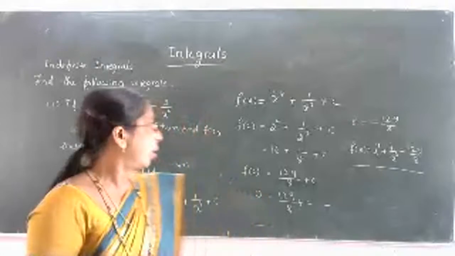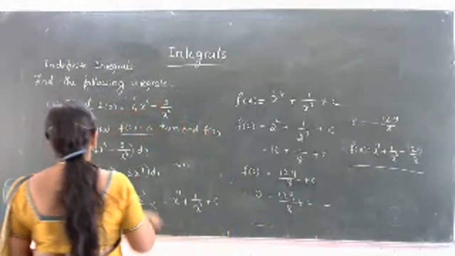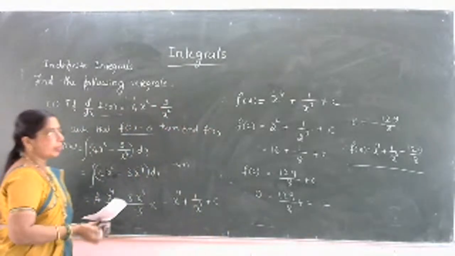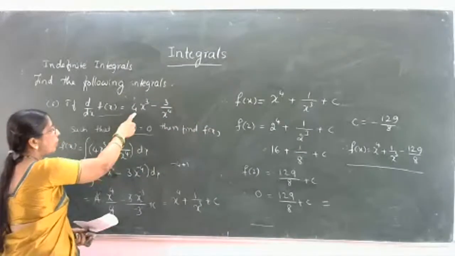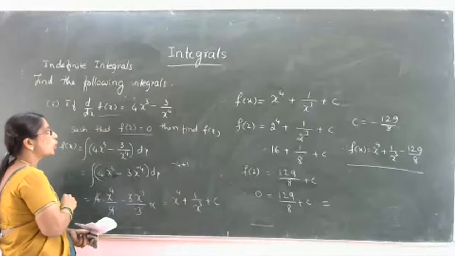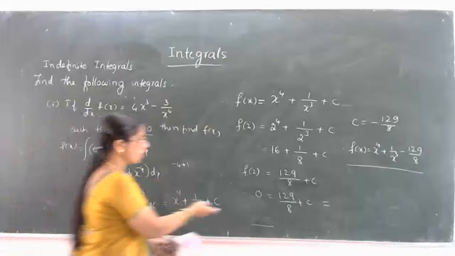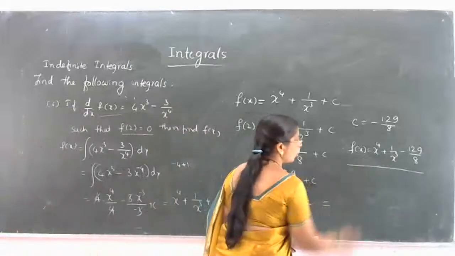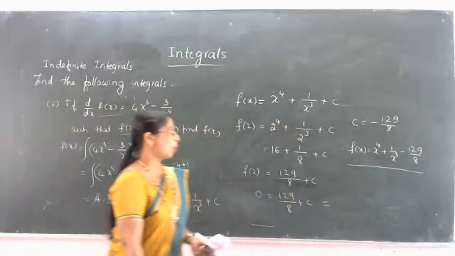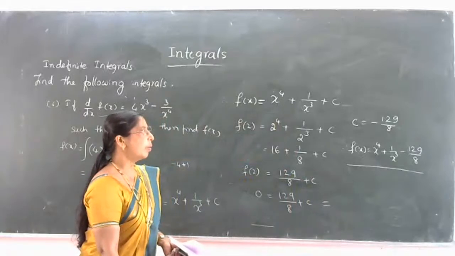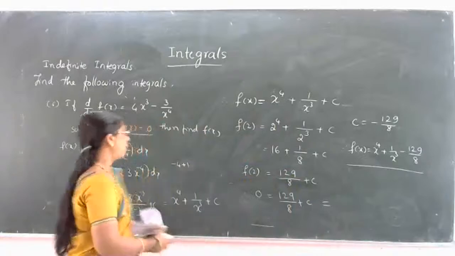That is the function f of x whose derivative is 4x cube minus 3 by x to the power 4.